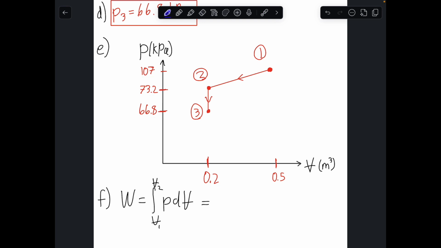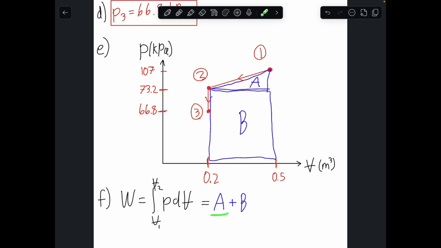So I think the easiest way to do it is to just break it down into a triangle and a rectangle like this, and then just take the area of those shapes and then add them together. So we can just call this triangle A and this rectangle B. So this integral we can just evaluate as the area for A plus the area for B. So A just being this shaded region and B just being this shaded region here.